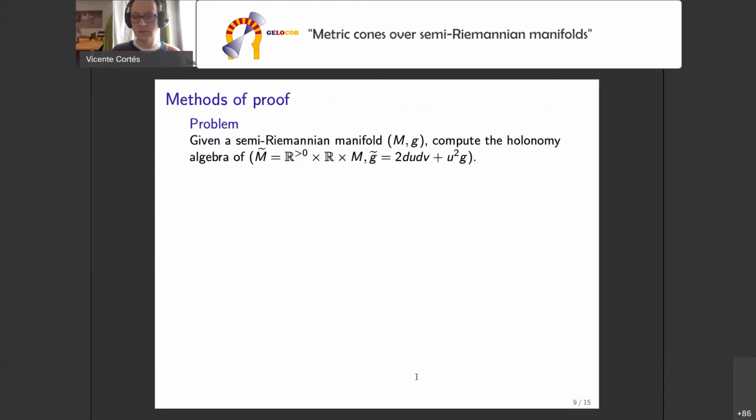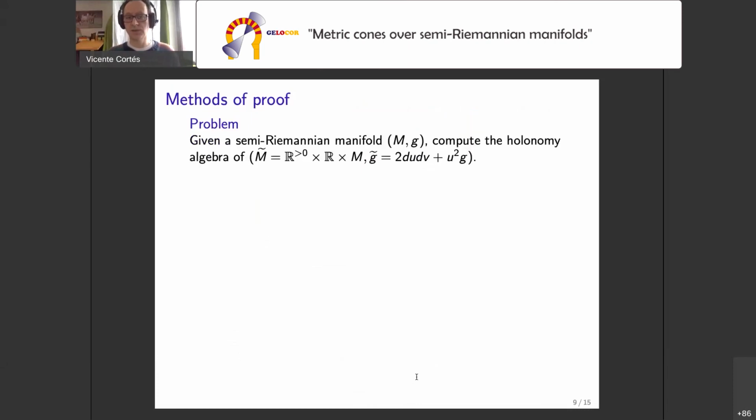So I would like to sketch a little bit or mention some methods of proof. The full proof is complicated and long, but let us at least mention some logic of the proof, some arguments. So the problem is the following. We start with a semi-Riemannian manifold (M, g). Now I drop the index 0. You could write M0, G0, but for simplicity, we drop the index 0.